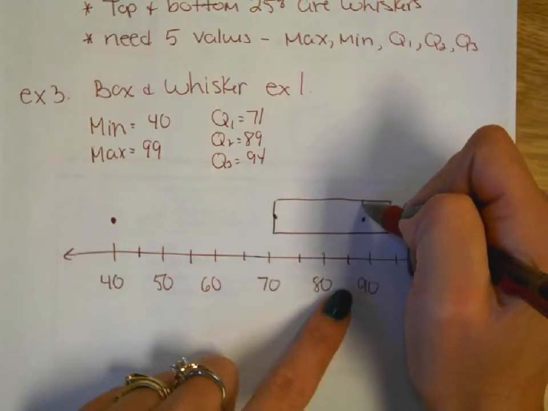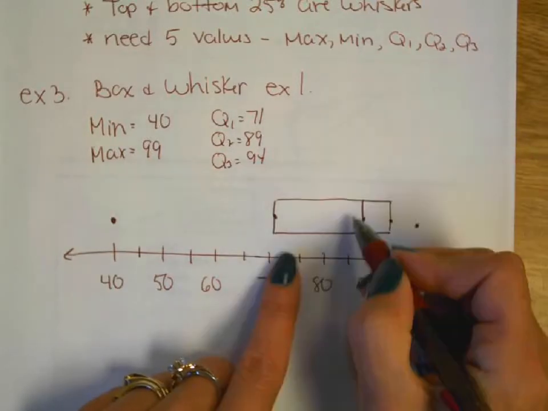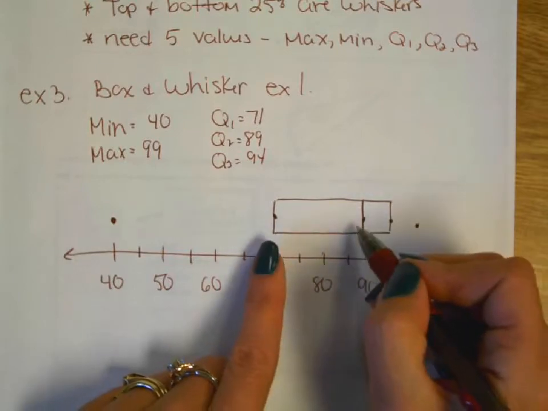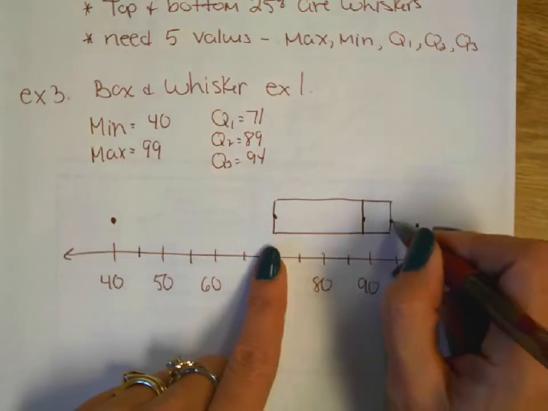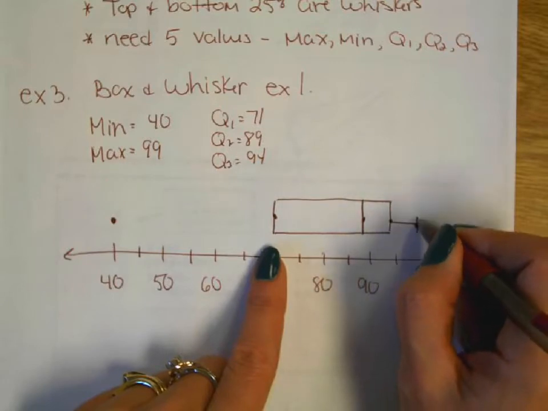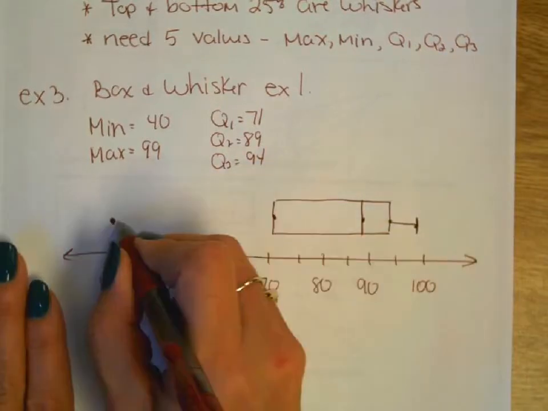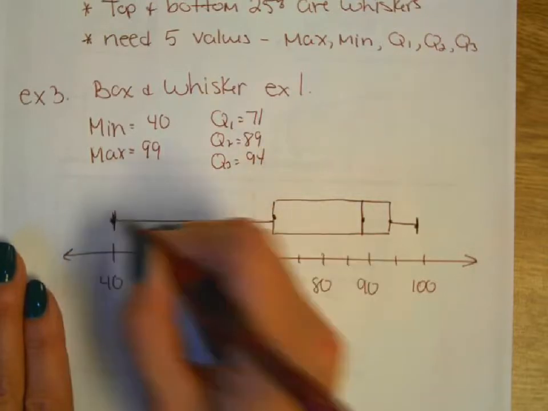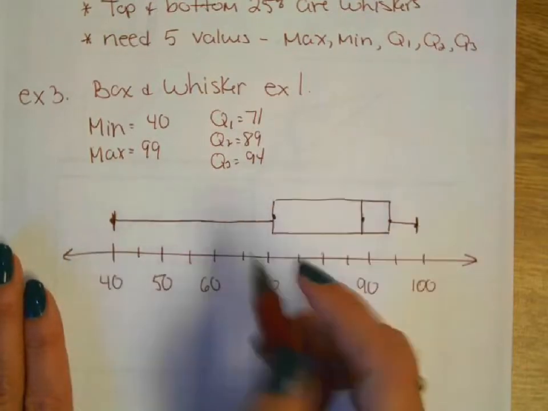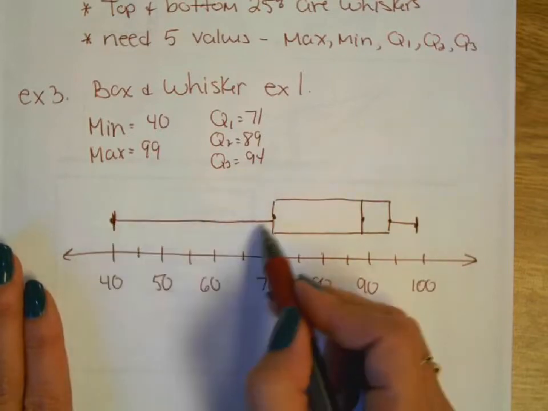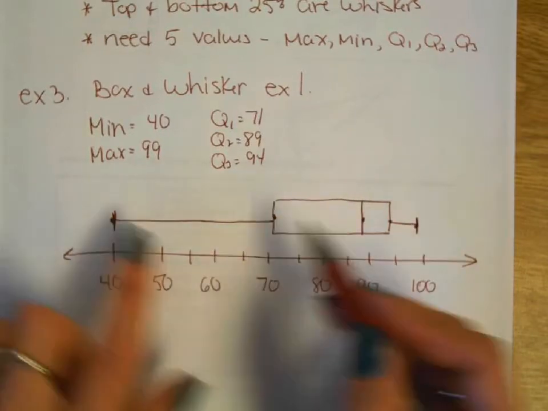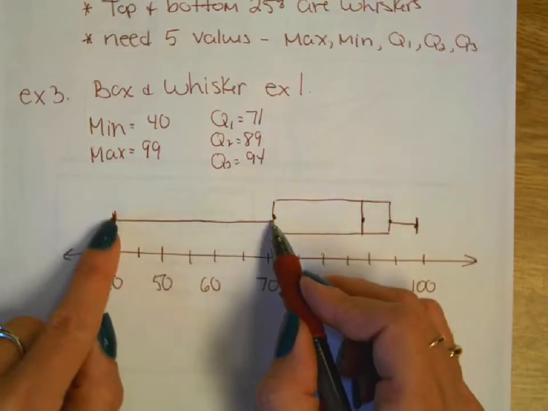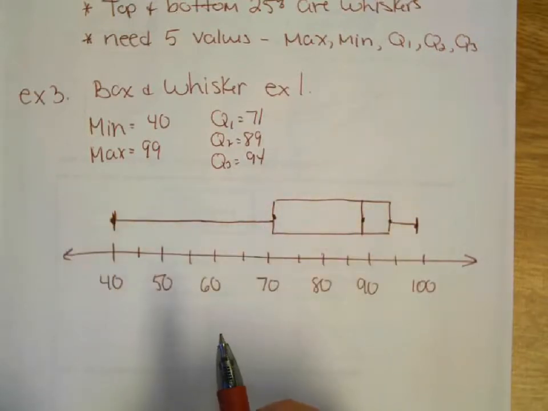We do mark quartile 2 with a bar, so there are as many test scores here as there are in here. Remember, it's how many values are in each chunk. The whisker, you remember, looks like this, and then the bottom whisker. Again, these chunks just represent how many data values are in here. You can see that these are more spread out. There's just as many data values here as there are here. So that's our box and whisker.